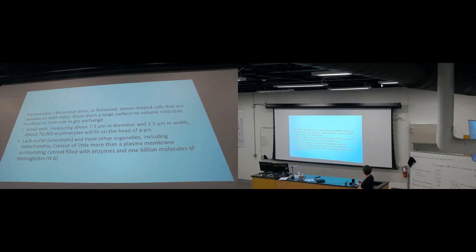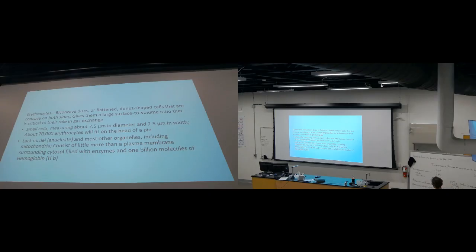They lack a nucleus and most of the organelles, including mitochondria. They have their cytosol filled with enzymes and 1 billion molecules of hemoglobin. So they are little pouches of hemoglobin.